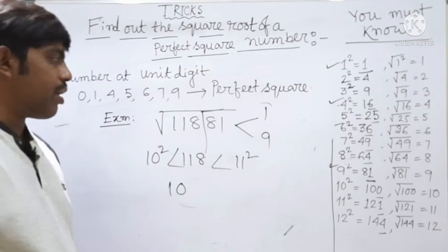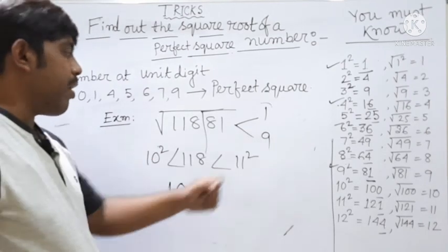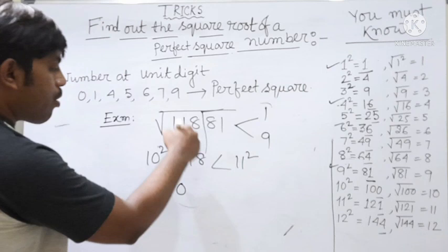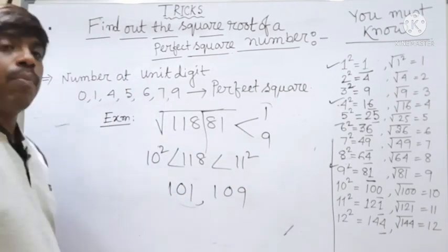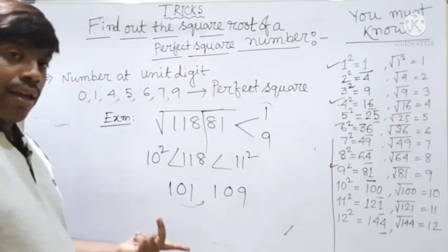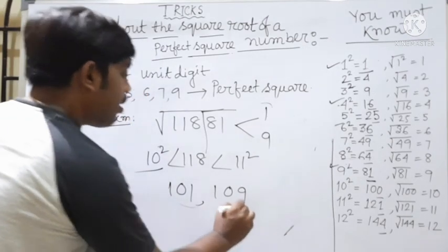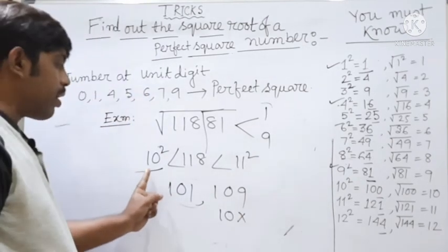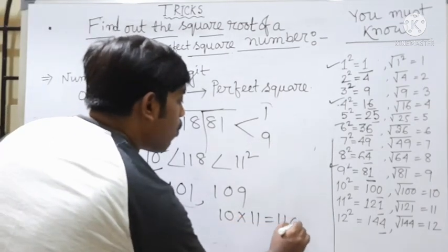Now the question, what will be the unit digit, 1 or 9? What will be the square root of the number? It will be 101 or 109. But which number do we take? Same rule. At first we take 10 and multiply it with its next number. After 10, which number comes? 11. We multiply it with 11 and it is 110.